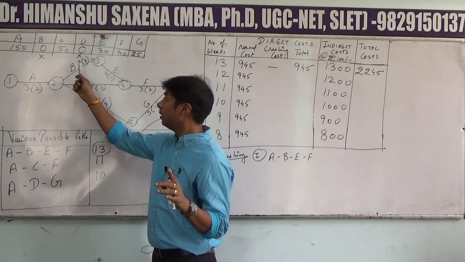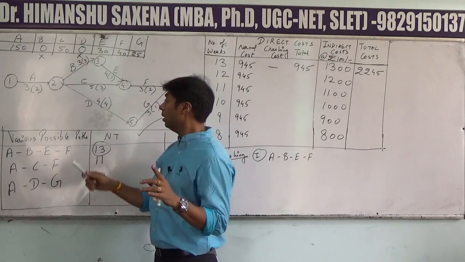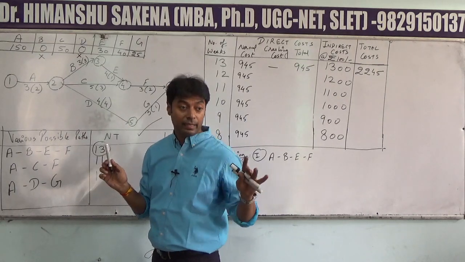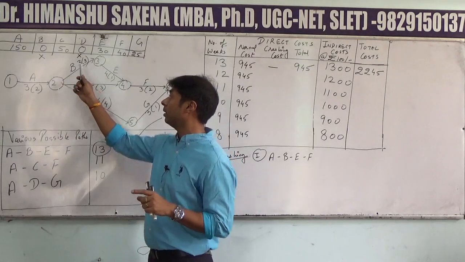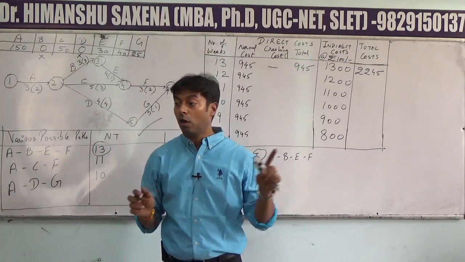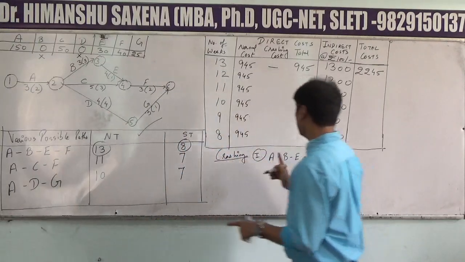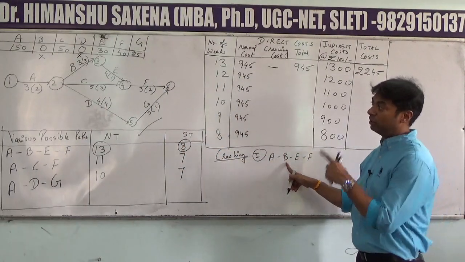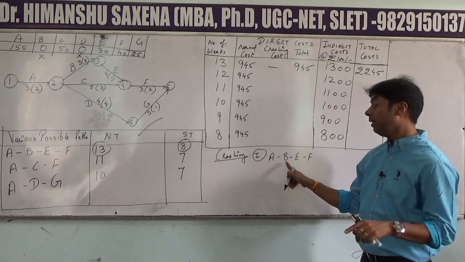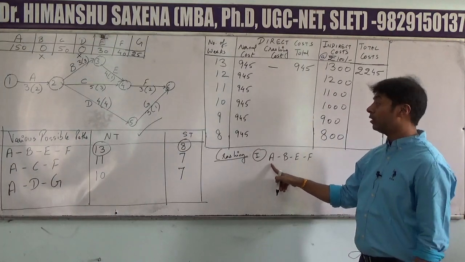In activity B, the normal and crash time are equal. Similarly for D, normal time and crash time are exactly the same. So for all those activities where the normal time and crash time are the same, they cannot be considered for crashing. So we are not going to consider activity B. Leave aside B.